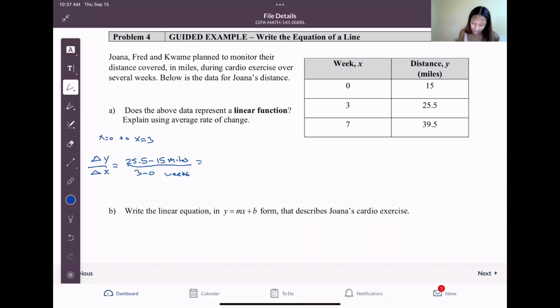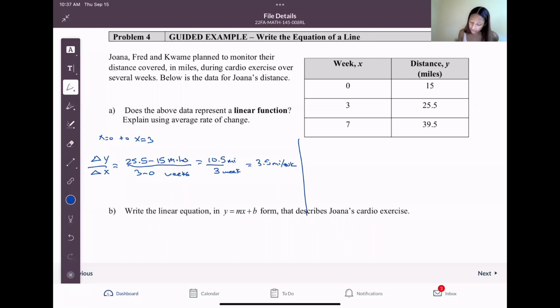All right, that would be 10.5 over 3 miles per week. And if we simplify that, that's 3.5 miles per week. All right, that's our first rate of change calculation.